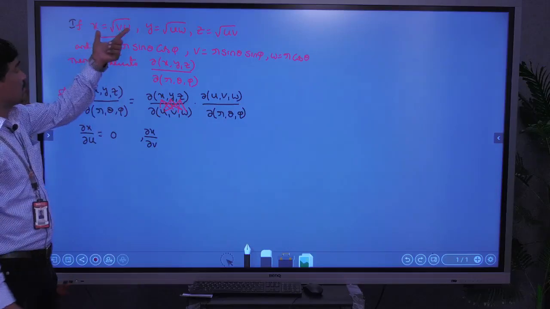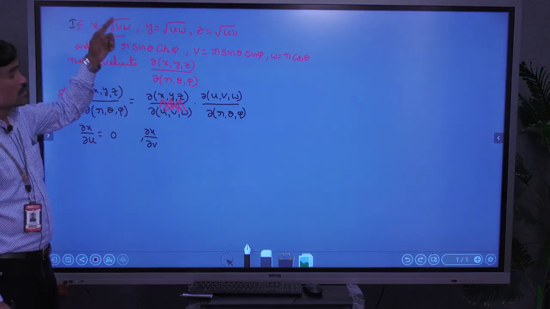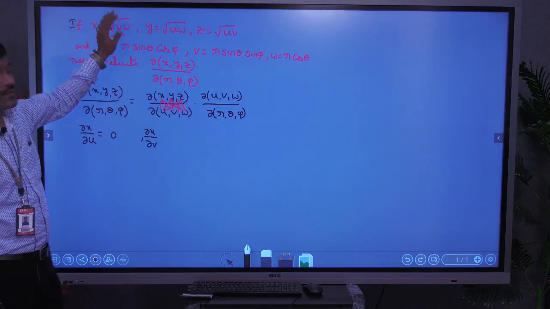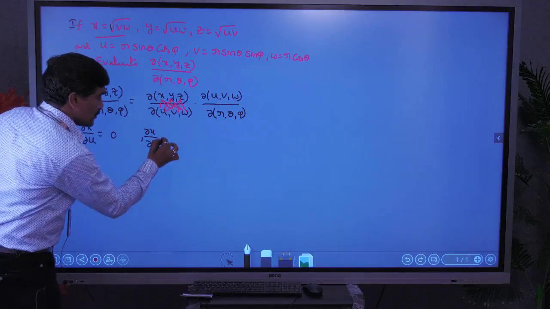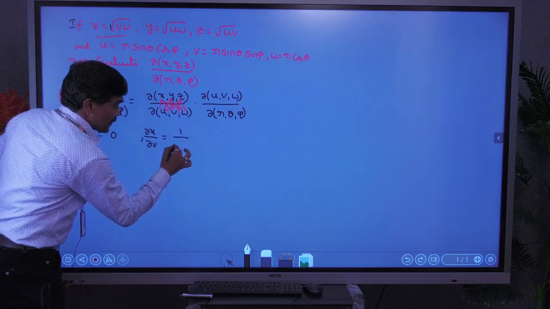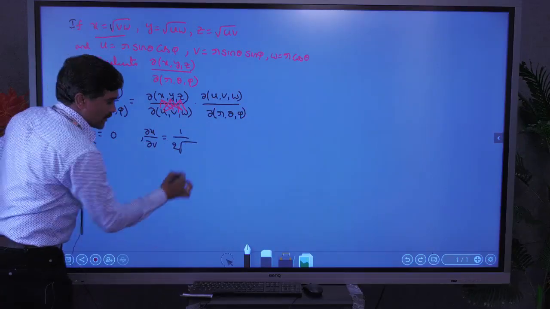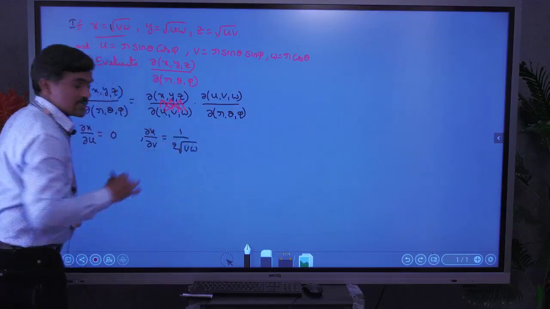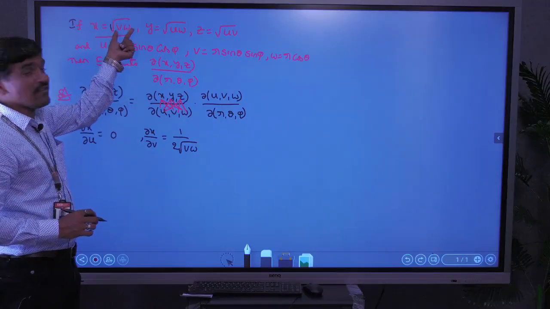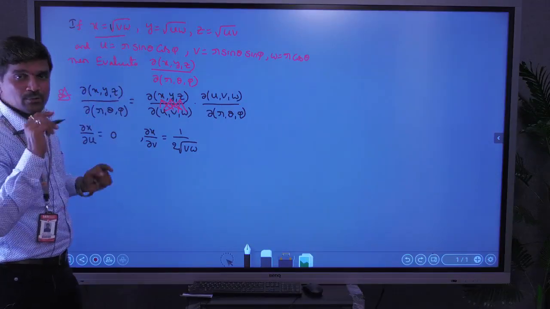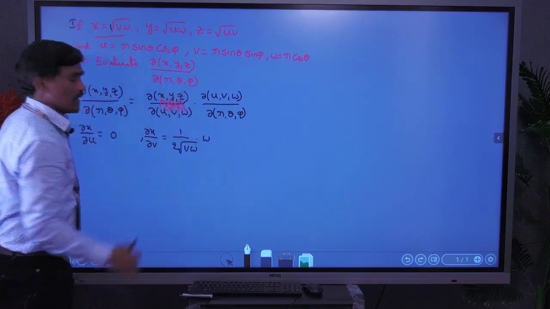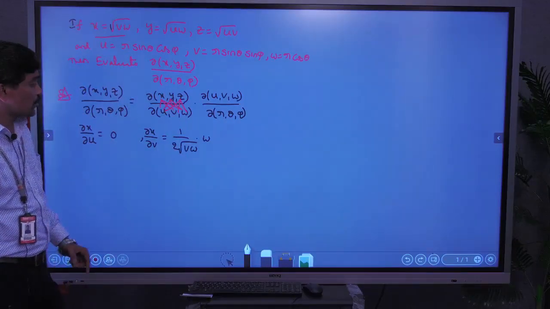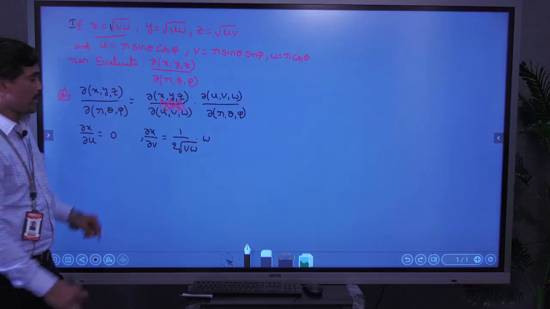Here it is root x form. What is the derivative of root x? It is 1 by 2 root x. What is x here? x is vw, and vw with respect to v gives w. This is dou x by dou v.